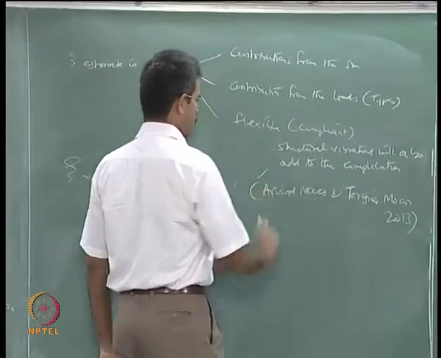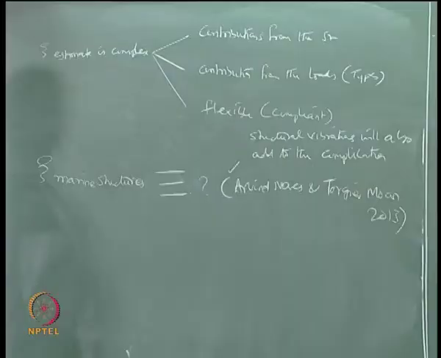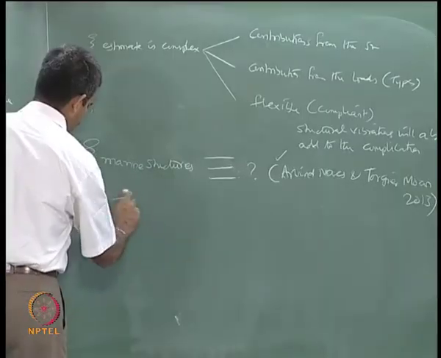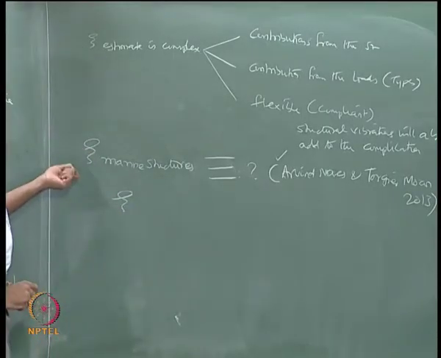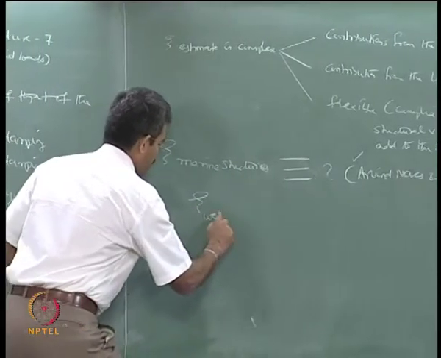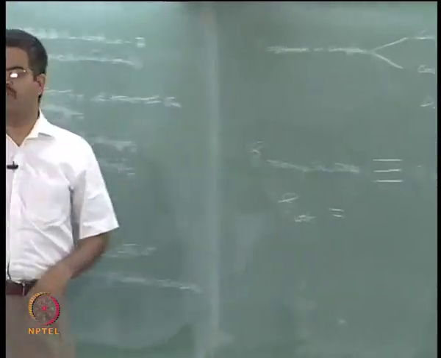This reference is available on the NPTEL website, you can see this. What Naess and Moan said is the following. If you want to find the damping of any marine structure in a wet condition, then I can use a different equation.